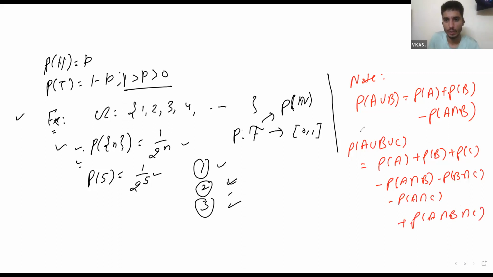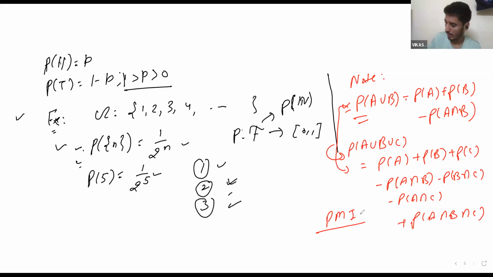Your homework, or you can say a task, which we have derived in class: try to derive this formula from the previous formula, and then use the PMI, the principle of mathematical induction, so that this can be generalized to any number, that is, to the whole of the natural numbers.